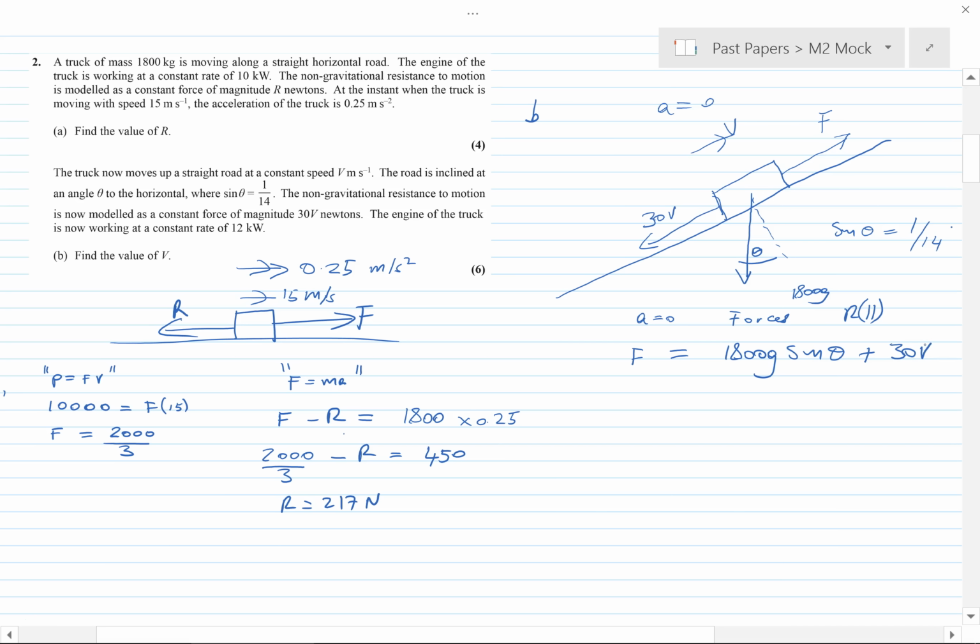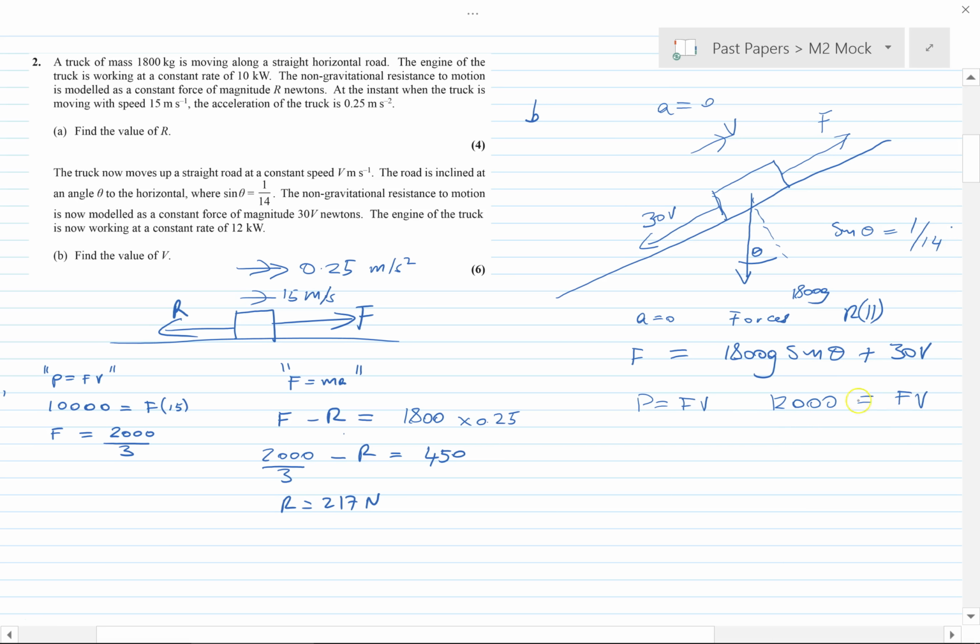Okay, but we can apply P equals FV again. Remember, that's all changed. P is equal to FV. The new power is 12,000, which is equal to force times velocity.